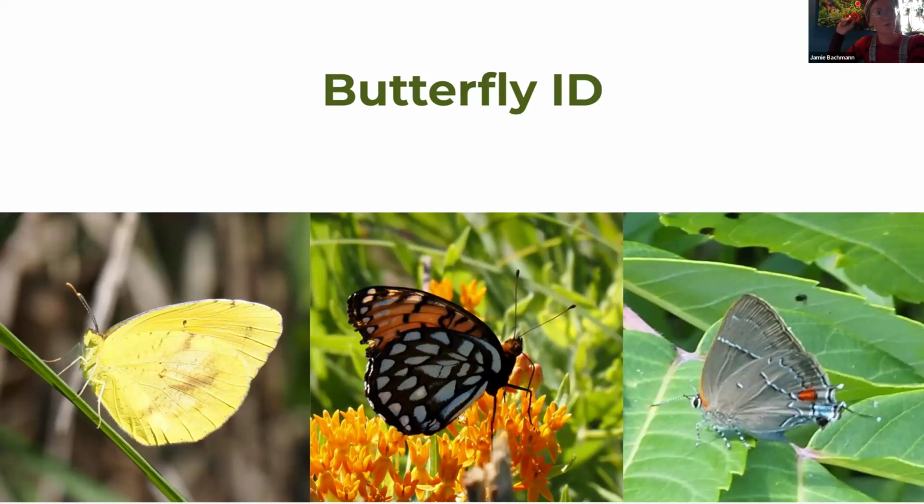We're going to talk about the importance of survey frequency, ideal survey conditions, the survey methods, unknown butterflies, and how to use iNaturalist for the unknown butterflies. We'll go over the data entry and we'll have evaluations at the end.